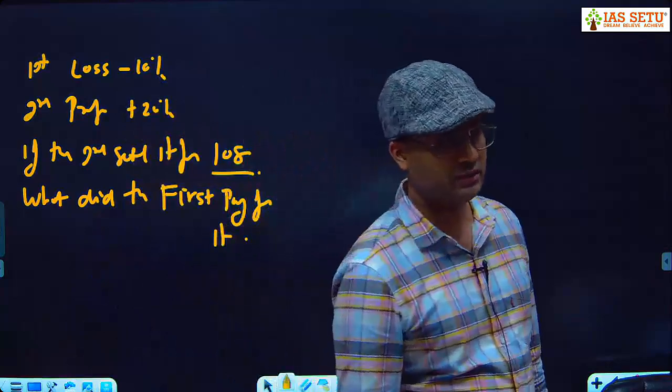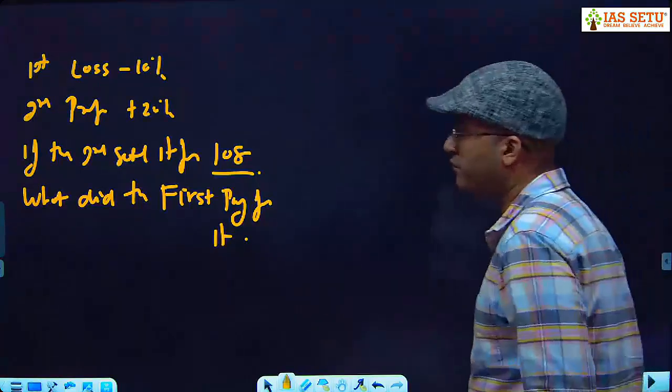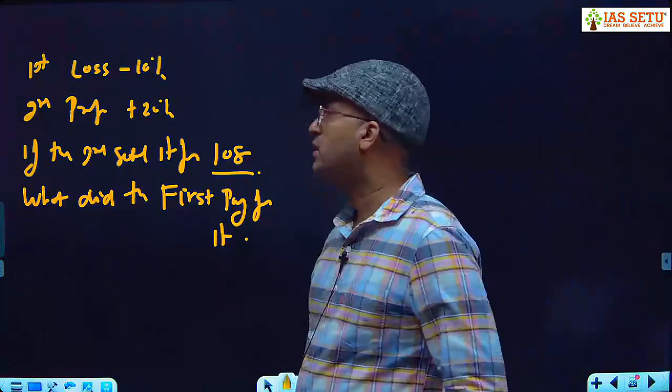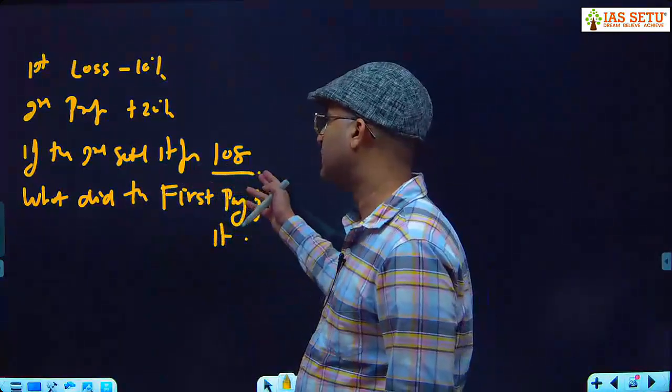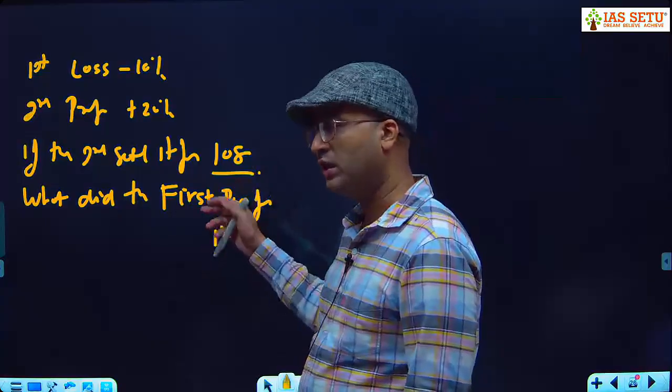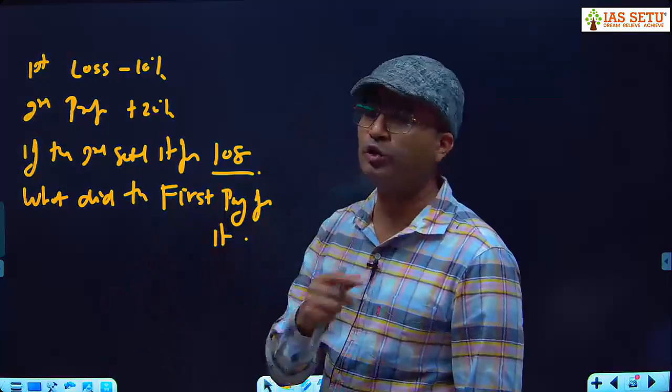CP1 निकालना. I repeat, a marker passes through two hands. First, suffer a loss of 10%. Second, make a profit of 20%. If the second sells it for rupees 108, अगर दूसरे इंसान ने वो 108 रुपए का बेचा है तो पहले इंसान ने कितने रुपए का खरीदा होगा?